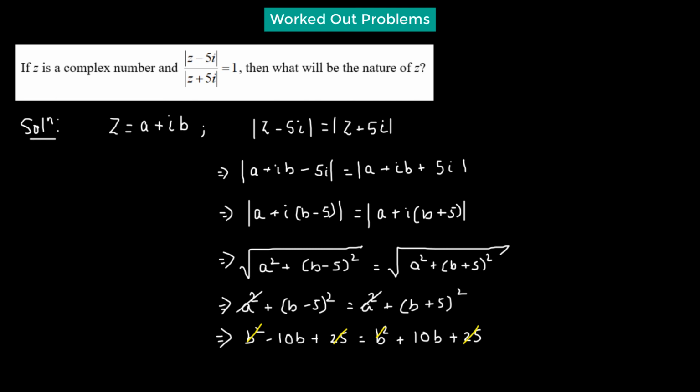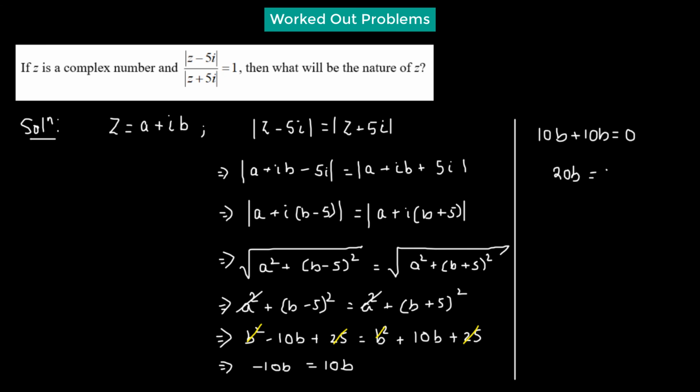That leaves us with negative 10b is equal to 10b. So solving for b, we get 10b plus 10b is equal to 0, which gives us 20 times b is equal to 0.